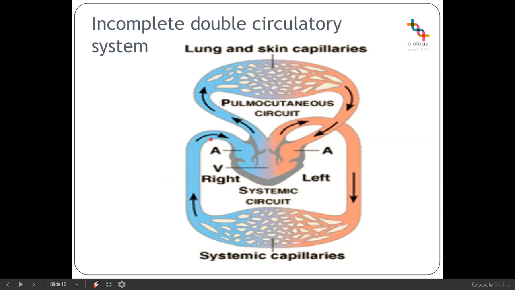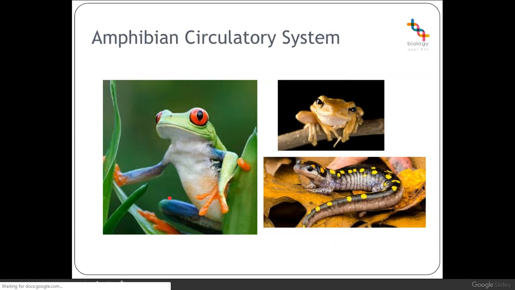So some of this will actually be oxygenated blood coming through. It's predominantly deoxygenated, however, because they have really moist skin, and skin which is permeable to oxygen, it's possible that some of the oxygen is able to get through and be picked up by those veins as it returns to the heart.